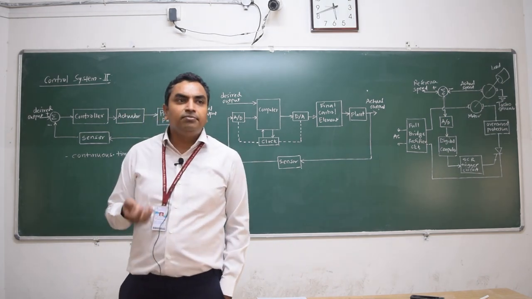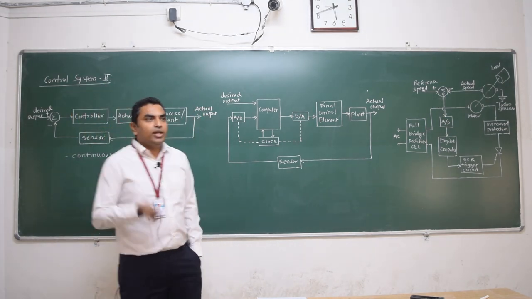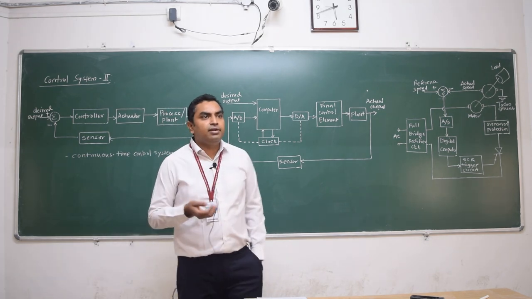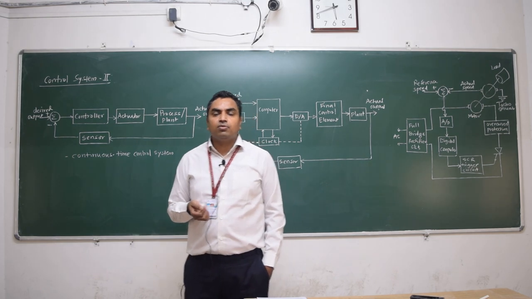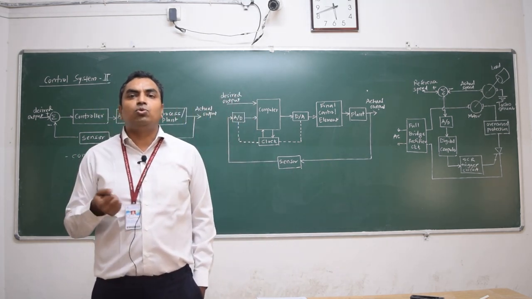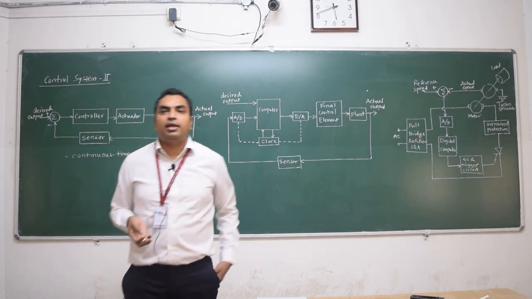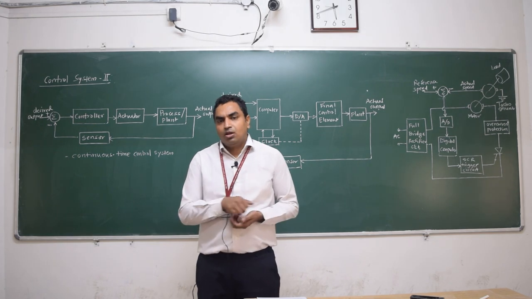Now today, since it is a first lecture, we will understand what is continuous time system, what is discrete time system, what are the different block diagrams, and we will just stick to one example where we can explain the continuous time system and discrete time system.